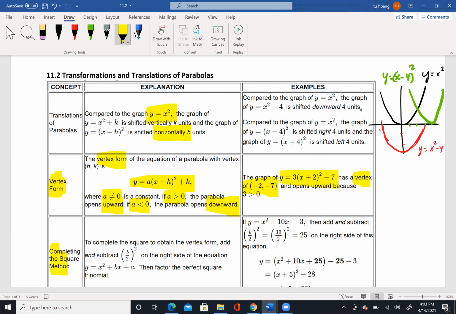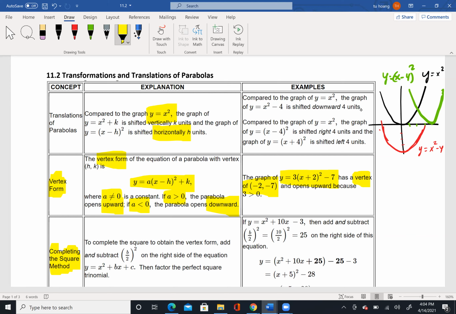Okay, so we want to learn about the completing the square method. In order to complete the square to obtain the vertex form, we're going to add and subtract b over 2 squared on the right side of the equation y equals x squared plus bx plus c.